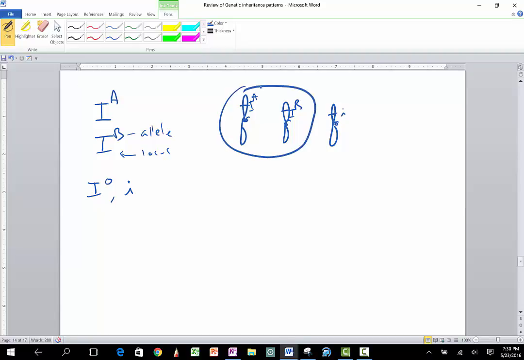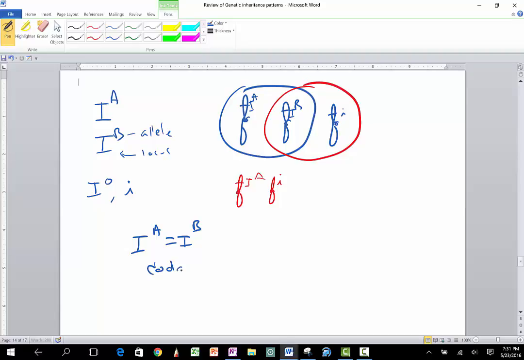So you can be big A and big B. You can be big B and I. You could be big A and little I. So any combination of those things is fine. But these guys are codominant.